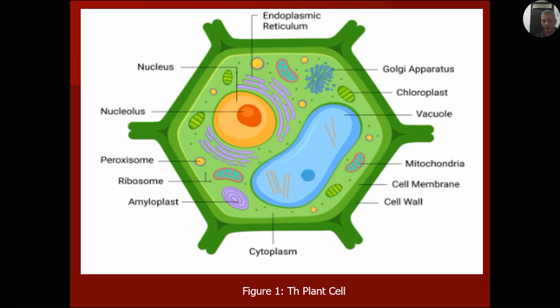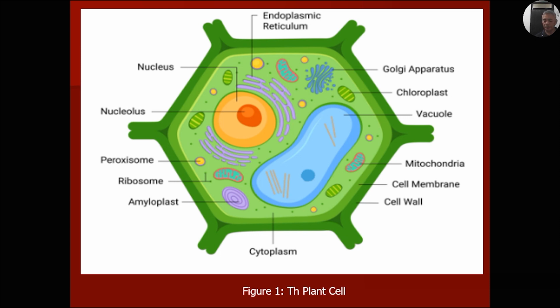It also comprises glycoproteins and polymers such as lignin, cutin, and suberin. The primary function of the cell wall is to protect and provide structural support to the cell. The plant cell wall is also involved in protecting the cell against mechanical stress and providing form and structure to the cell.